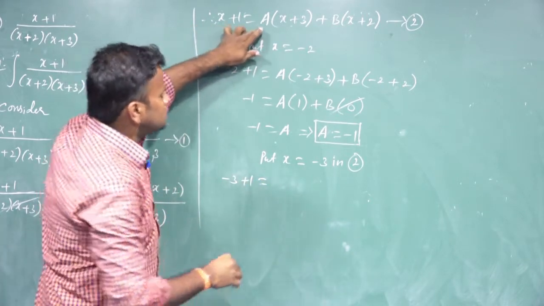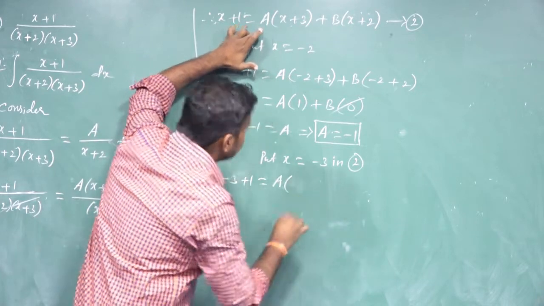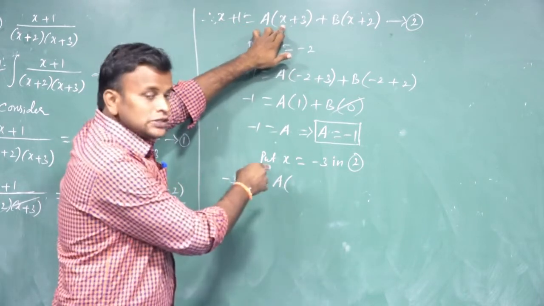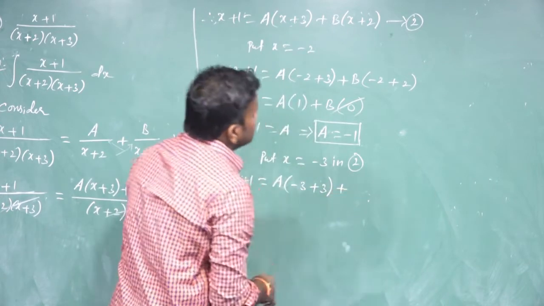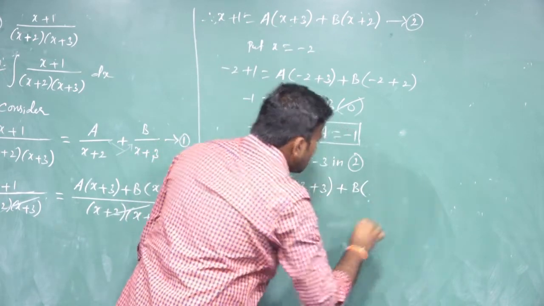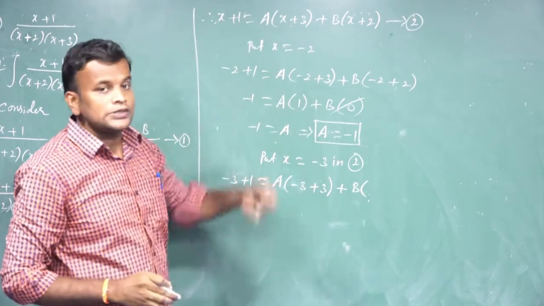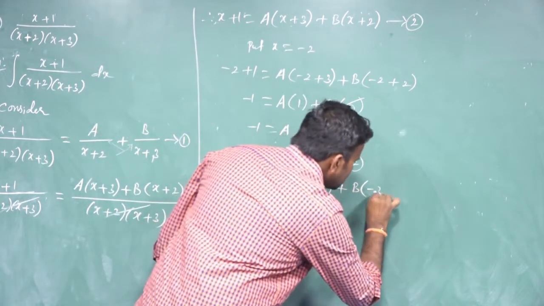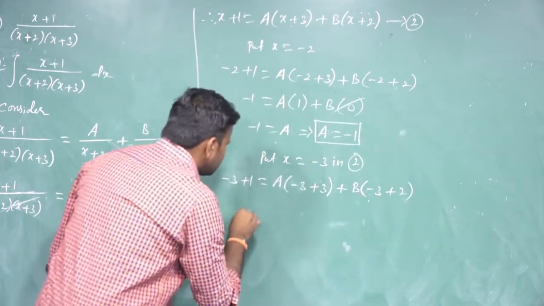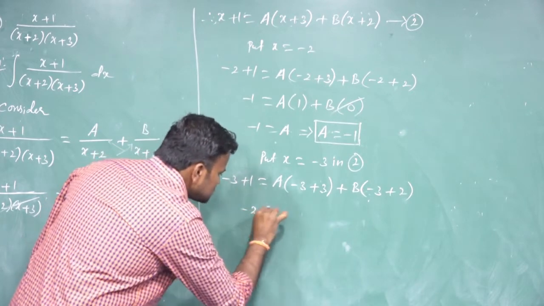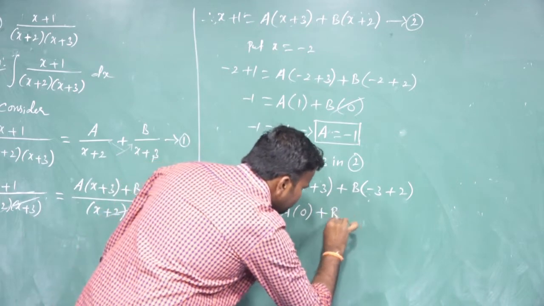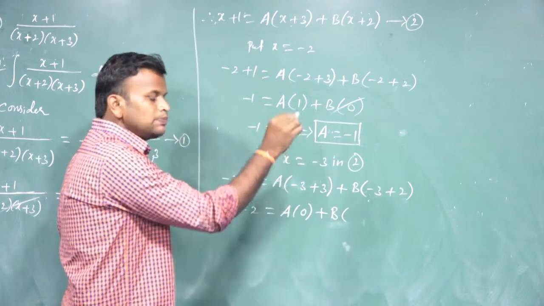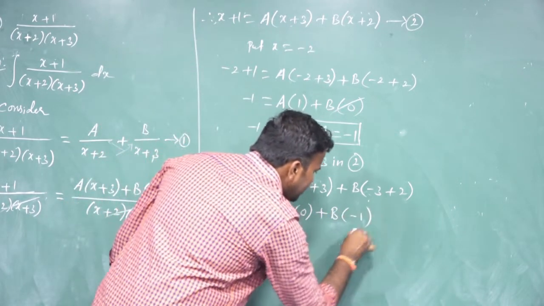Minus 3 plus 1 is equal to a of minus 3 plus 3 plus b of minus 3 plus 2. Minus 3 plus 1 is minus 2. A of 0 leaves nothing, and b of minus 3 plus 2 is minus 1.